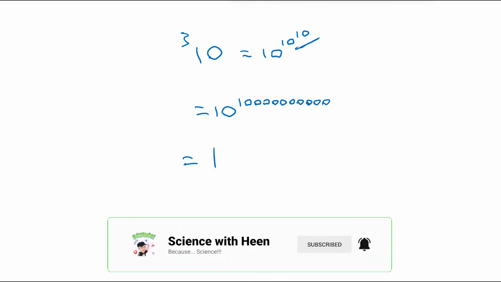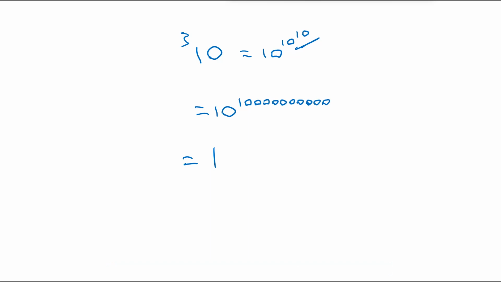So we have a 1 at the start, but this 1 is followed by 10 billion zeros. And that is a really massively large number. I'm not sure if people generally can grasp just how big that is at first glance. A 1 followed by 10 billion zeros.